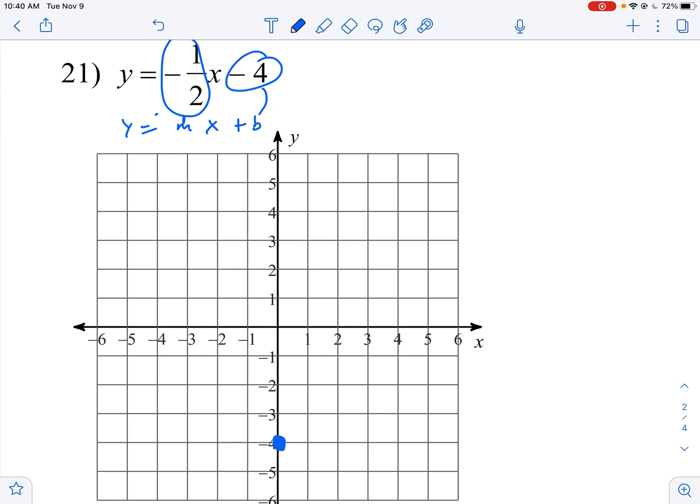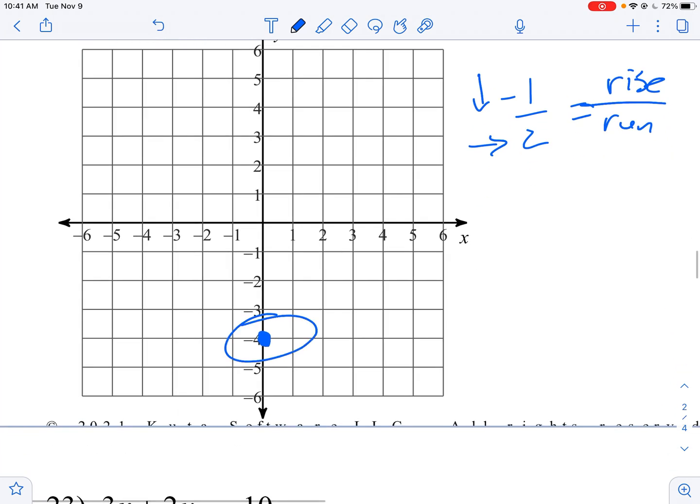And now I need to look at my slope. My slope is -1/2. You need to remember that the top number tells you how much your rise is, and the bottom number tells you how much your run is, or how much you go horizontal. So this top number is telling us to go down 1, and the bottom number is telling us to go right 2.